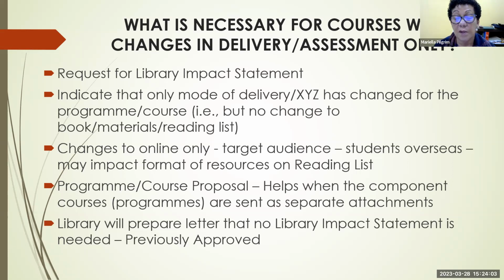That will alert us. We do not need to do the in-depth checks, but to provide an impact statement, we will simply state that it was previously approved and there's no cost to the library.